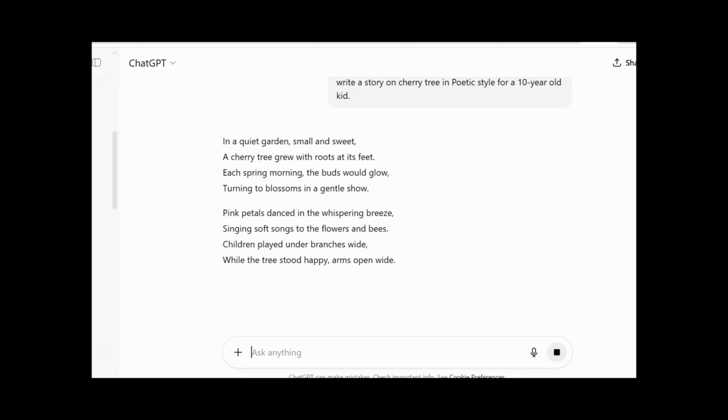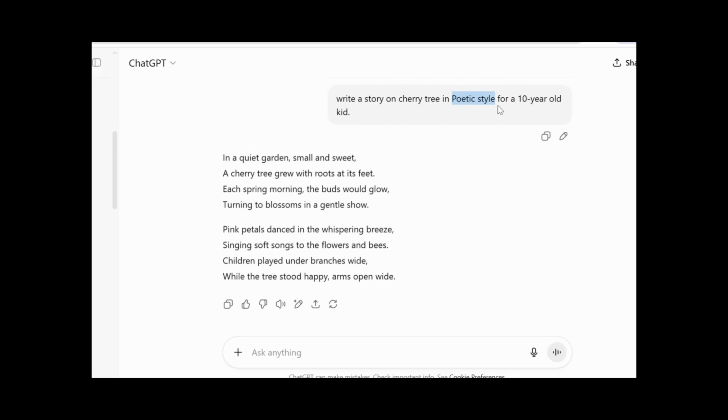If you see the response, it has written this story in poetic style based on our instruction for a 10-year-old kid, so that a 10-year-old kid can understand it well. So this is an example of an instruction based prompt. It is best for getting answers in a specific tone, expertise or style.